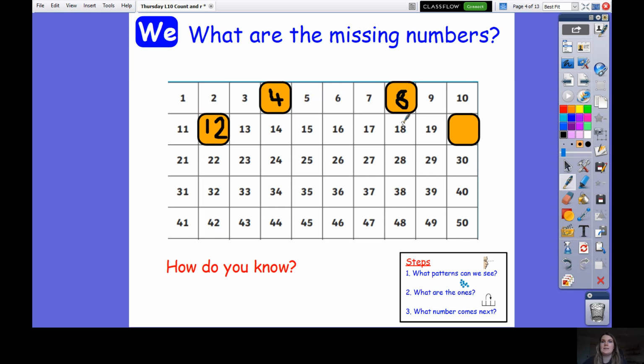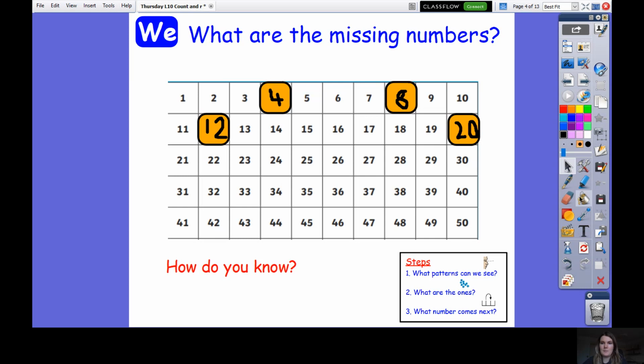Now, there's not many along to help us. So what can we use to help spot? We could use the one that came before. So this is 19. So we think this one should be 20. Okay, why do we think it's going to be 20? Because we can use the 19 or we can use the 10 above. 10, 20, 30. Well done.